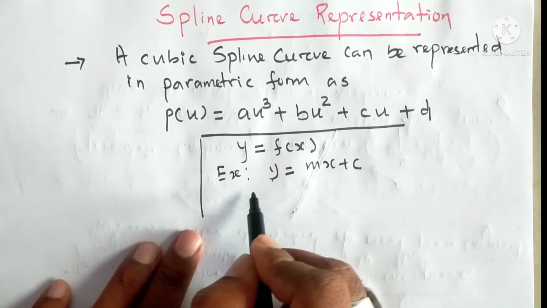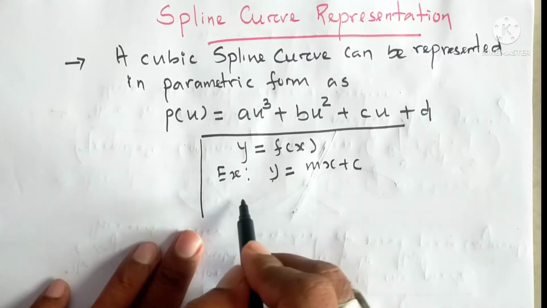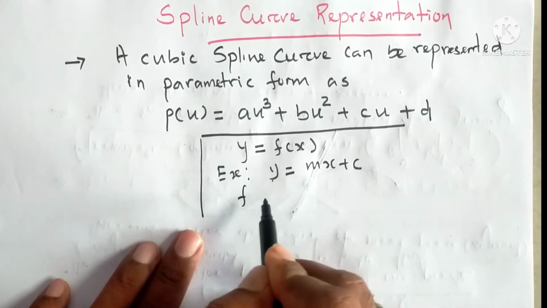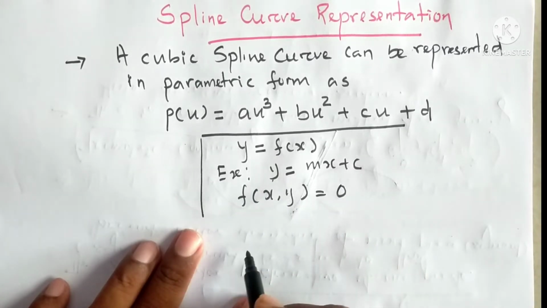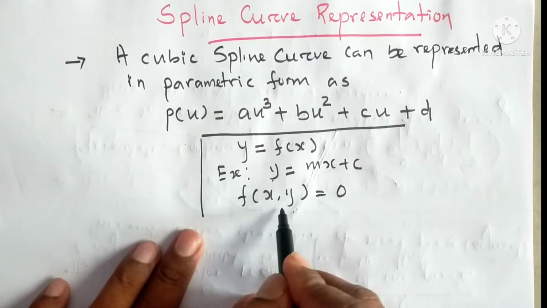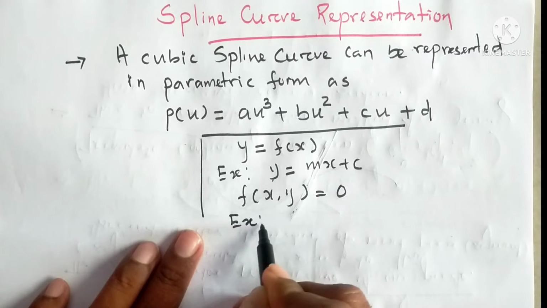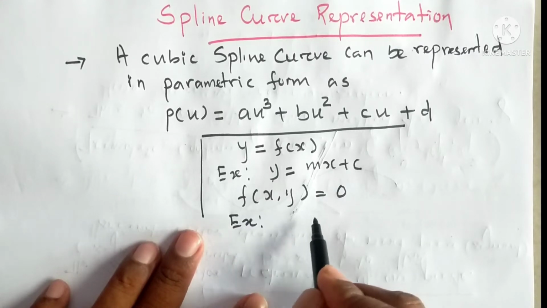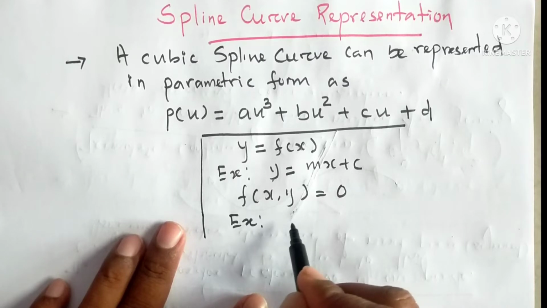And we can represent a curve using another approach, called f of x, y equals 0. There is no concept of dependent and independent variables. For example, take the equation of the circle we have studied in the midpoint circle drawing algorithm and Bresenham's circle drawing algorithm.